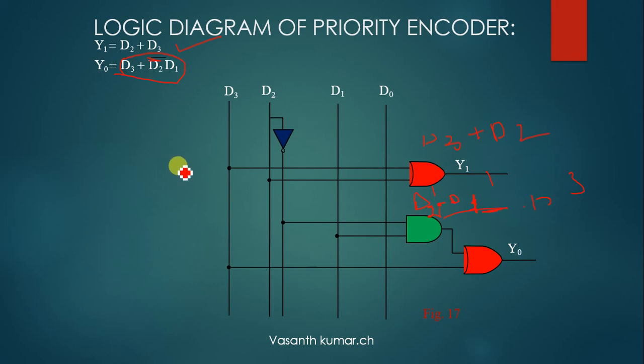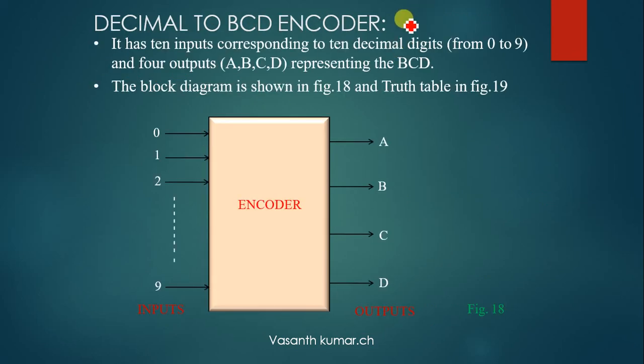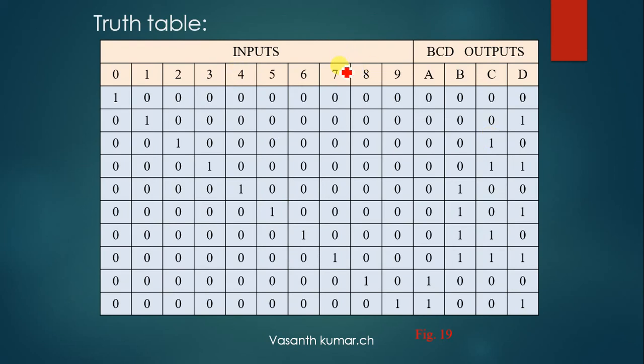So here we have another combination, which is a decimal to binary coded decimal. That means you provide decimal inputs, you will get a BCD output. Here we have inputs from 0 to 9, basically 10 inputs. The combinational outputs are 4. So what kind of converter is this? It is a 10 to 4 bit encoder.